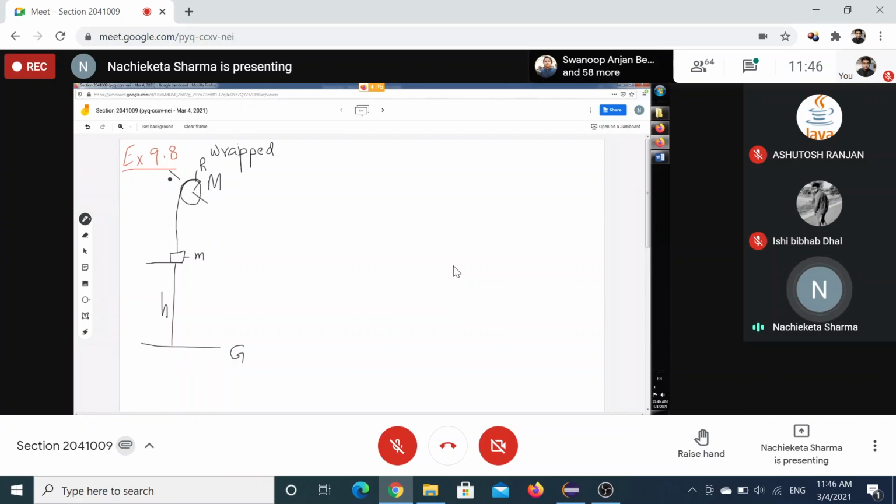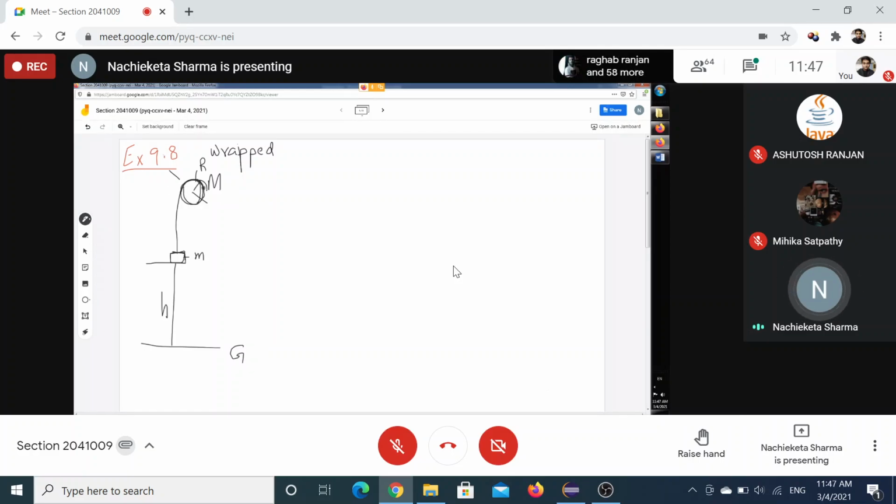What is happening? Who is doing what kind of motion? The mass is doing linear motion and the cylinder is doing rotational motion. Why is the cylinder making only rotational motion?